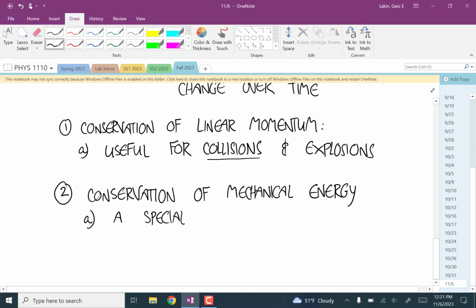Conservation of energy always holds. There are no counterexamples where it doesn't work. In certain cases, this simplifies to the special case of conservation of mechanical energy. And this one's a little more complicated. We're going to spend a bit more time on this one.